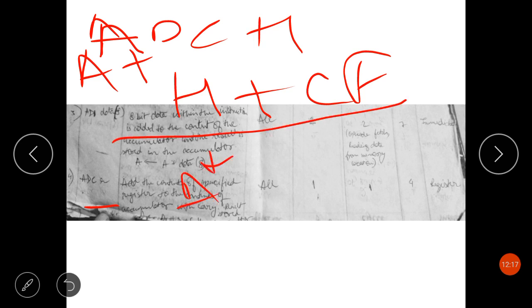Suppose at the time of execution of this instruction, the accumulator content is 20H and the content of the H register is 30H, and the carry flag is also in the set position.